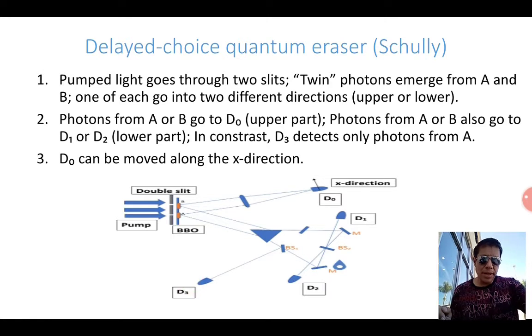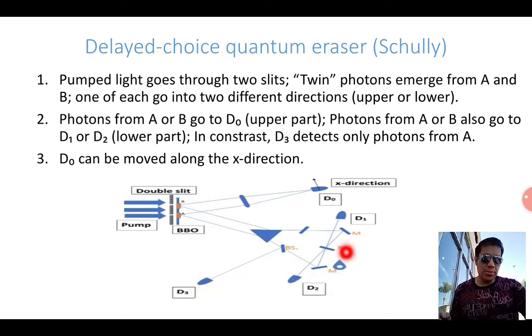Now notice D3 only gets information from A, right? The other 2 get information from both, and you don't know which path. Okay, so that's important. This one tells you which path the information is following.